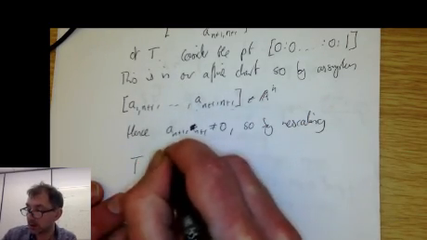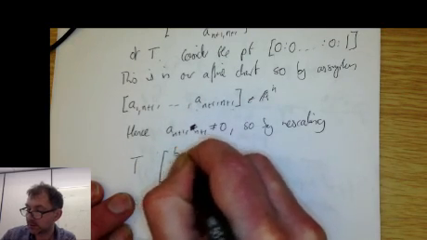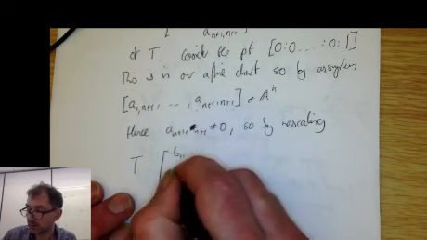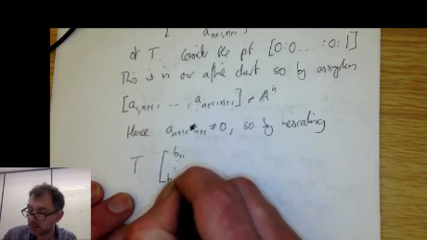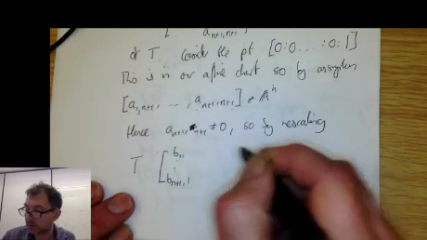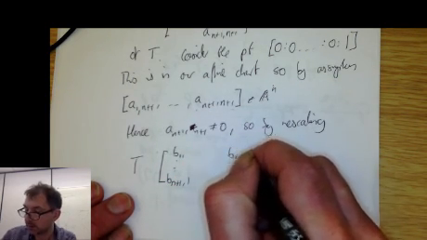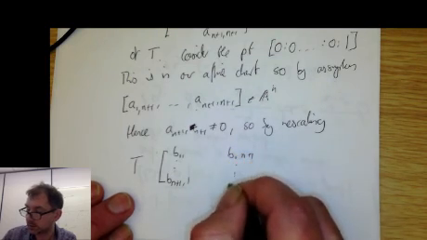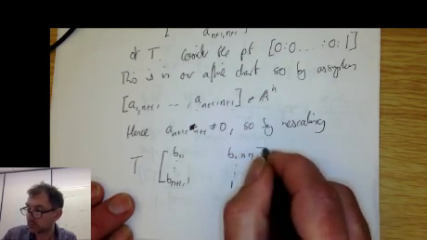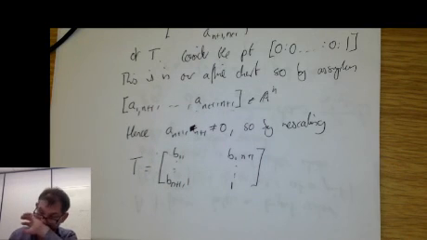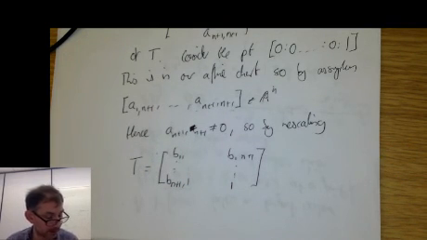So T can be represented by the following: B11 up to B1(n+1), down to B(n+1,1) up to the last coordinate being 1.